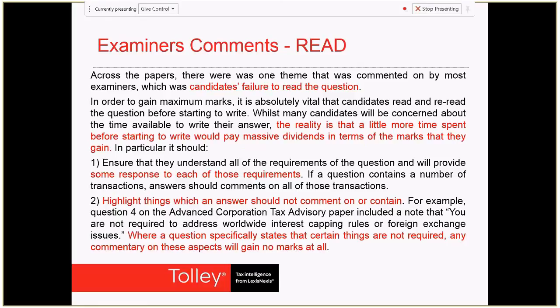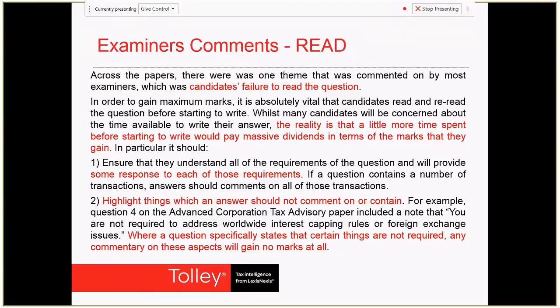You have to ensure that if there are requirements to the question, and there are always requirements, and those requirements are broken down into parts, you respond to each bit of those requirements, because there are marks for each bit. If the examiner highlights something you should not comment on, don't comment on it, because there are no marks, and you're wasting time.